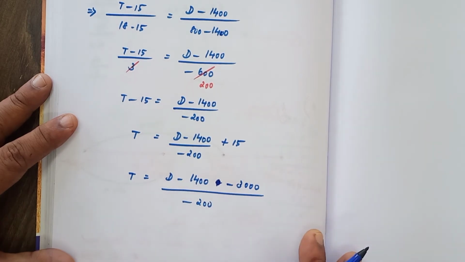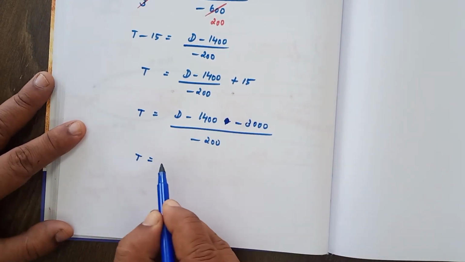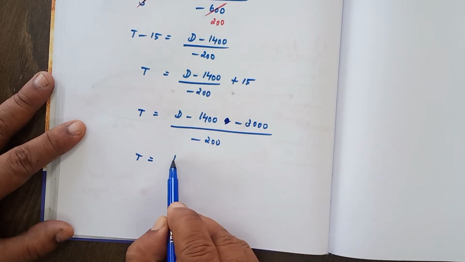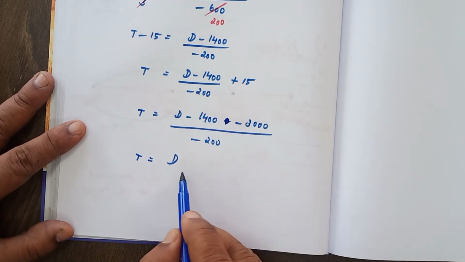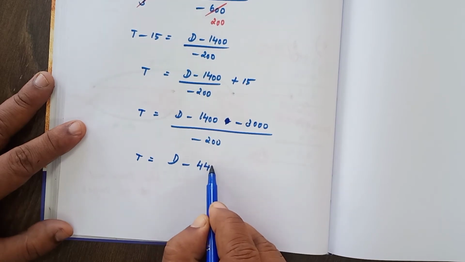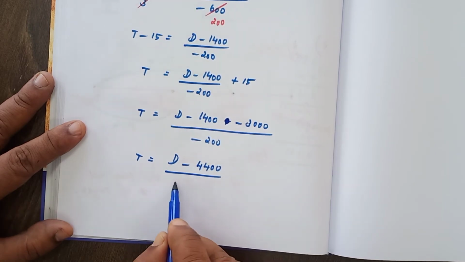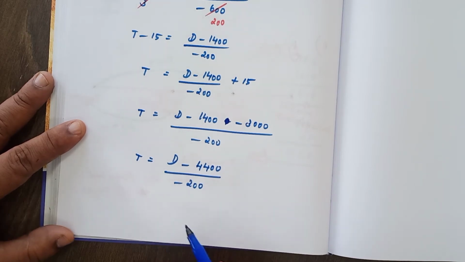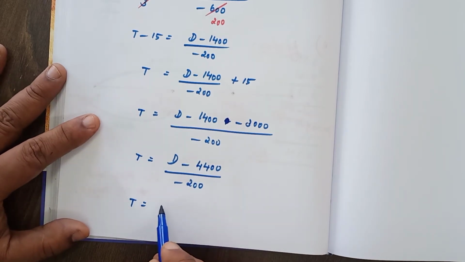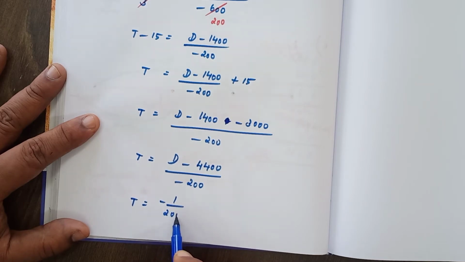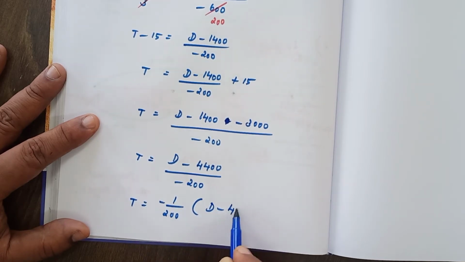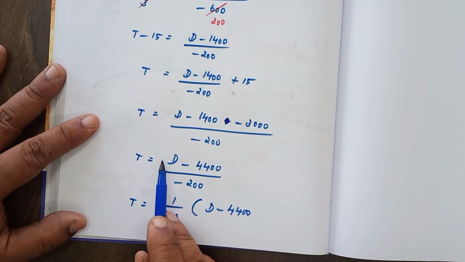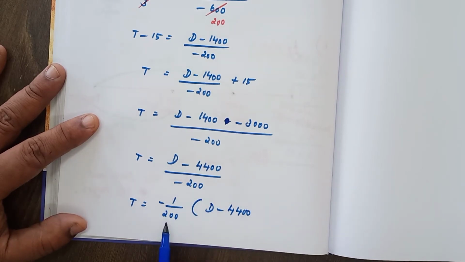Minus 200 is the LCM, which implies t equals d minus 1400 minus 3000, that is minus 4400, divided by minus 200. Okay. We can multiply the numerator and denominator by minus 1, or else write 1 divided by minus 200 as minus 1 by 200 into d minus 4400.